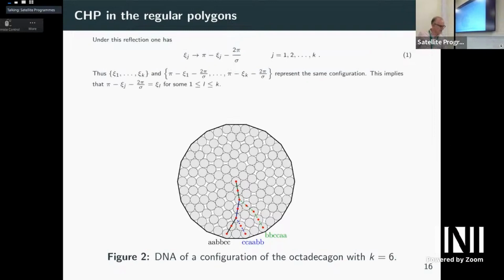One thing I can also realize is that if I take this octadecagon and I reflect it, I don't get a new configuration. So from this, I get some relation under the transformation, this angle psi transforming into different angles. I needed this argument to purify all the possible configurations from repeating themselves.